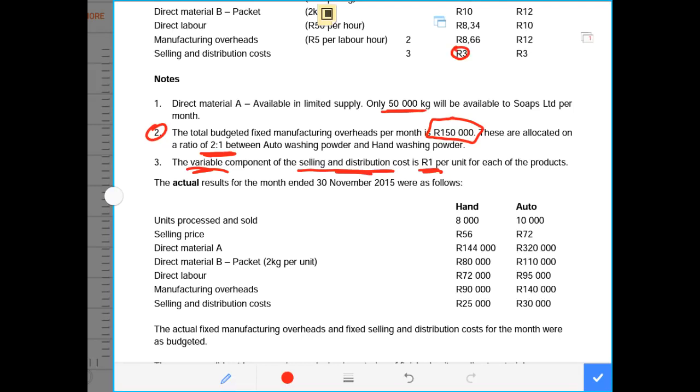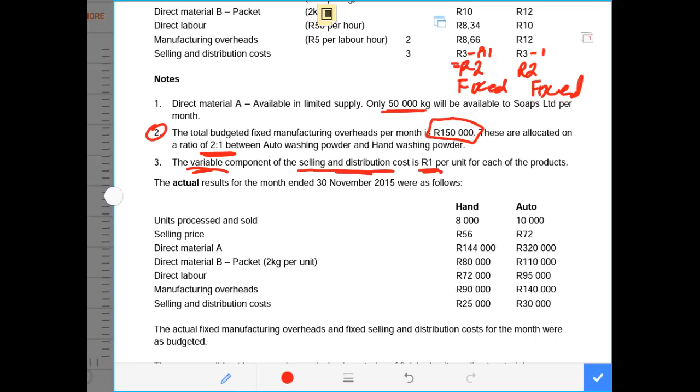So if in that 3 rand, 1 rand is variable, therefore we say minus 1 rand, therefore 2 rand will be fixed. This is the fixed portion per unit of selling and distribution.